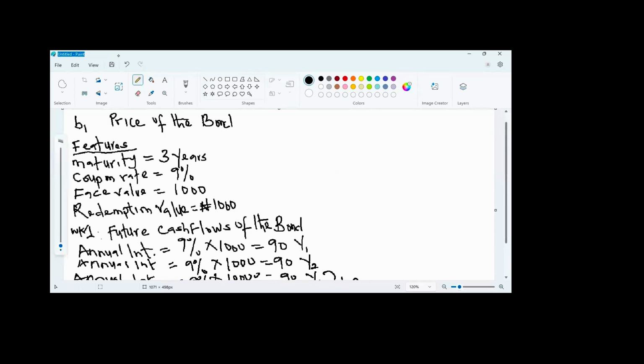Good enough, we have calculated the government spot yield curve.